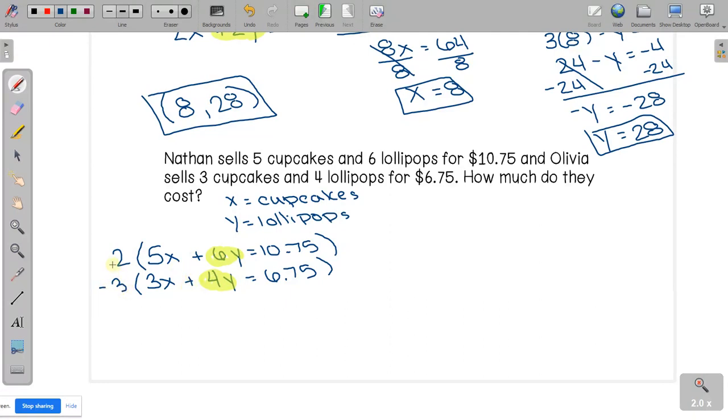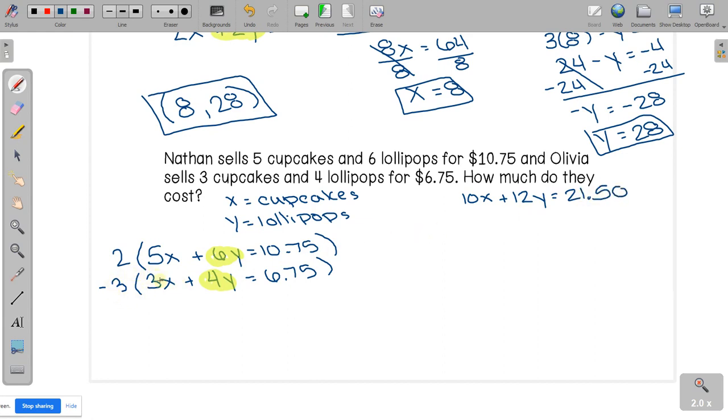So now let's rewrite our equations. 2 times 5x gives us 10x. 2 times 6y is 12y. And 2 times 10.75 is 21.50.